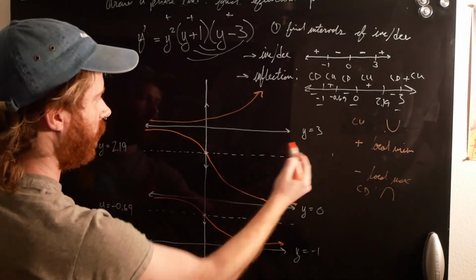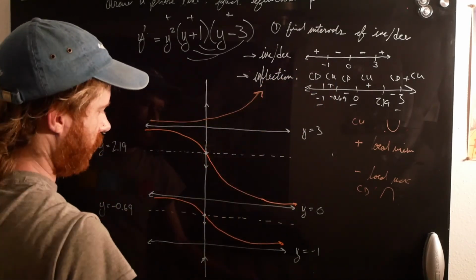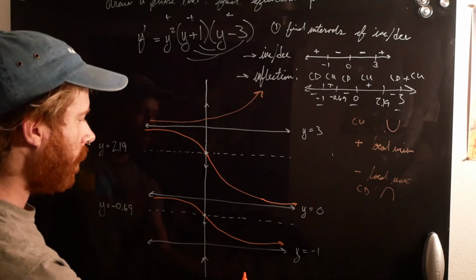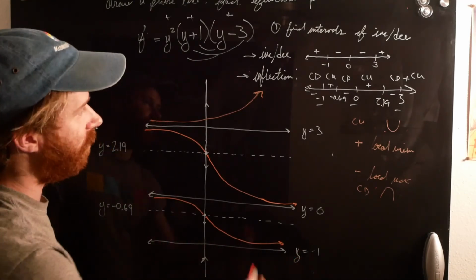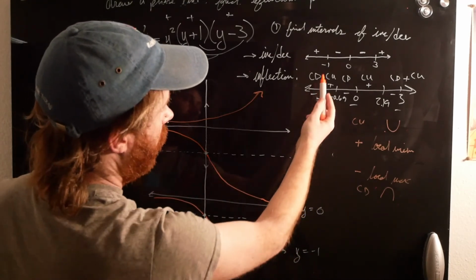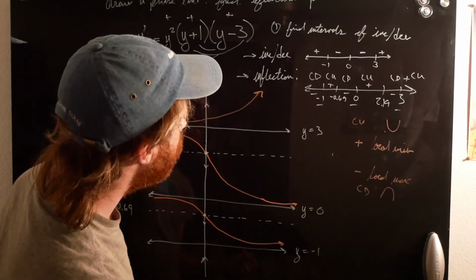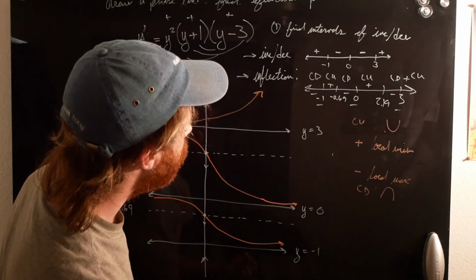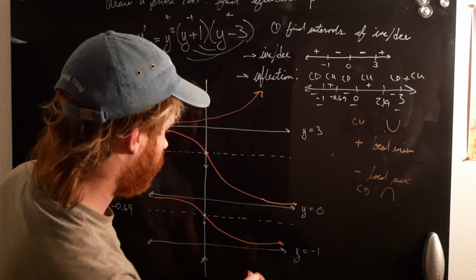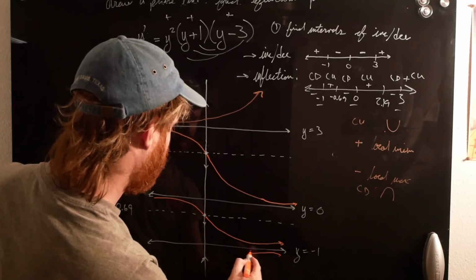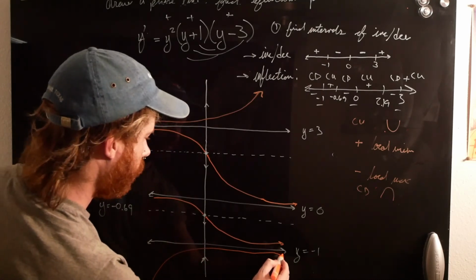If it were increasing, it'd be going like this, right? Decreasing, going down. And now negative 1 to infinity, we are concave down, and it is increasing. Just like that.